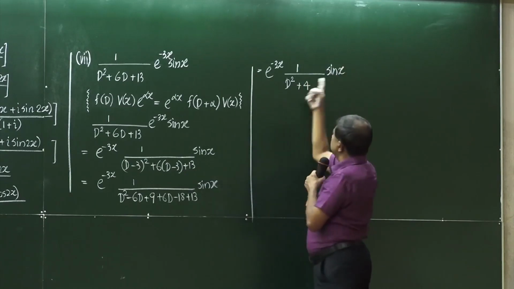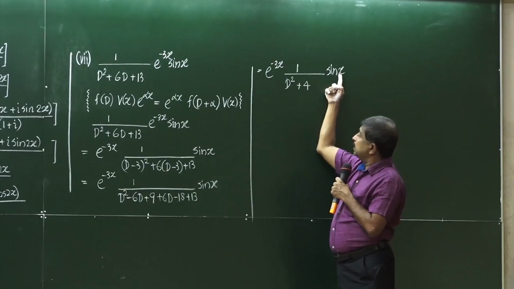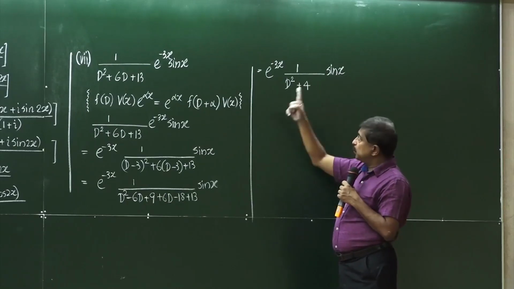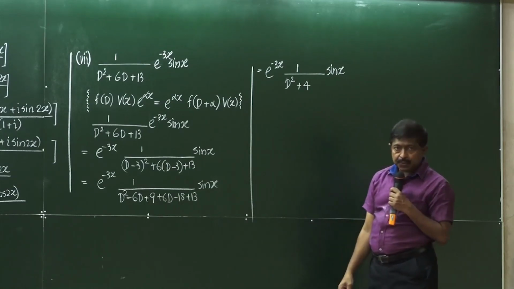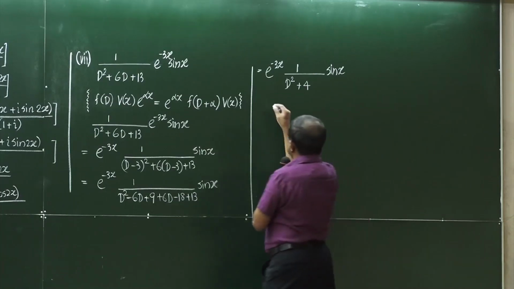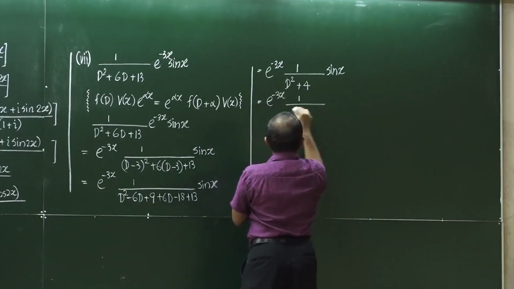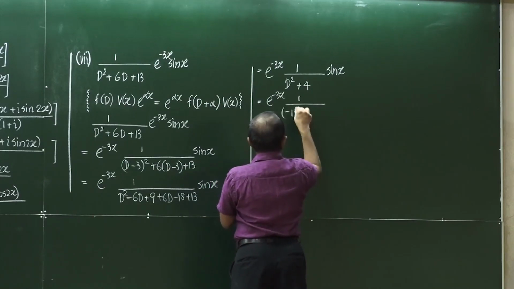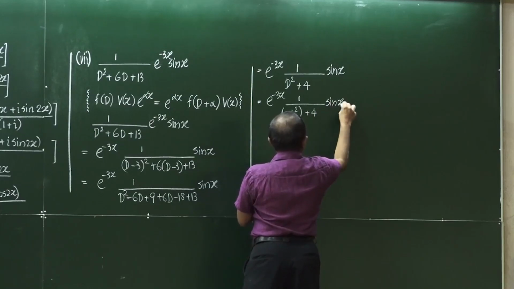Now how do you do that? When you have something like this, the value of b is 1, so you have to substitute minus b squared for d squared. So minus b squared is minus 1 squared, which is minus 1. So this is 3.